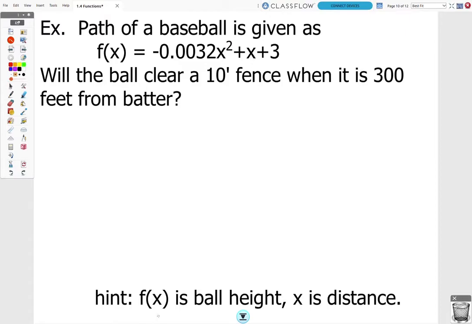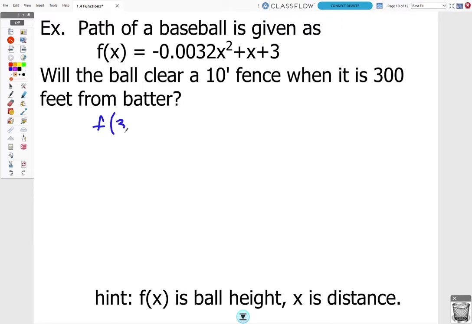A hint for you guys, f of x is the ball height. That is, the y value is how high it is. X is the distance from the batter. All right, so if you want to try this one out, this would be a good chance to pause. If not, take a look at how we would approach this one. We would say f of x. X is the distance, and the distance is 300 feet.